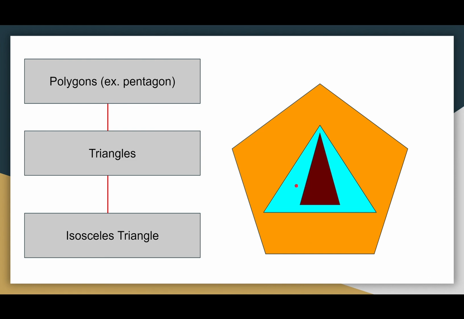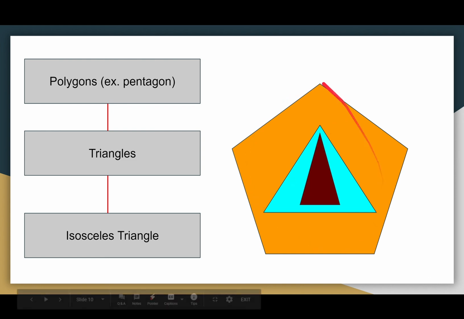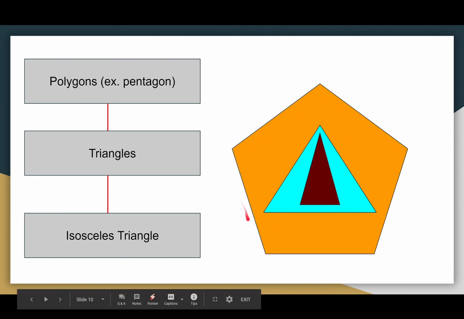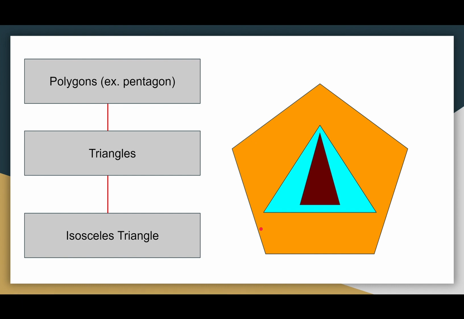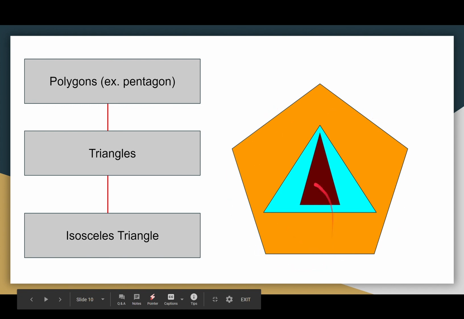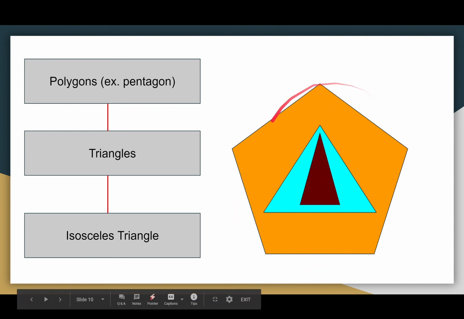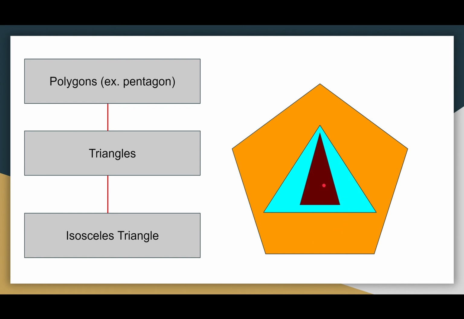All triangles are polygons. Remember, I'm using pentagon here as an example because polygon is not one shape, but it can be many different shapes. But we cannot say that all polygons are isosceles triangles, because then we're saying something so general is always something so specific. That's a good way to think about it. Something general is not always something specific, whereas something specific could be something more general.